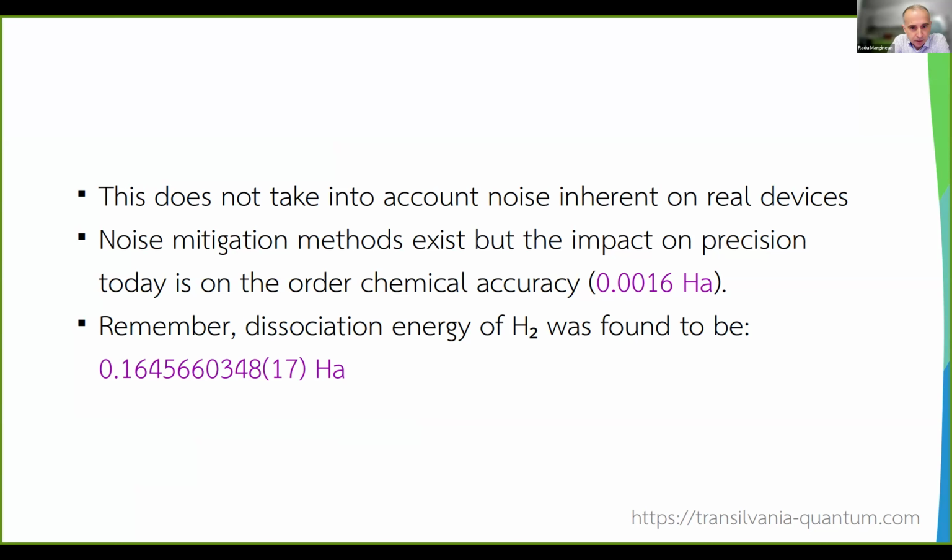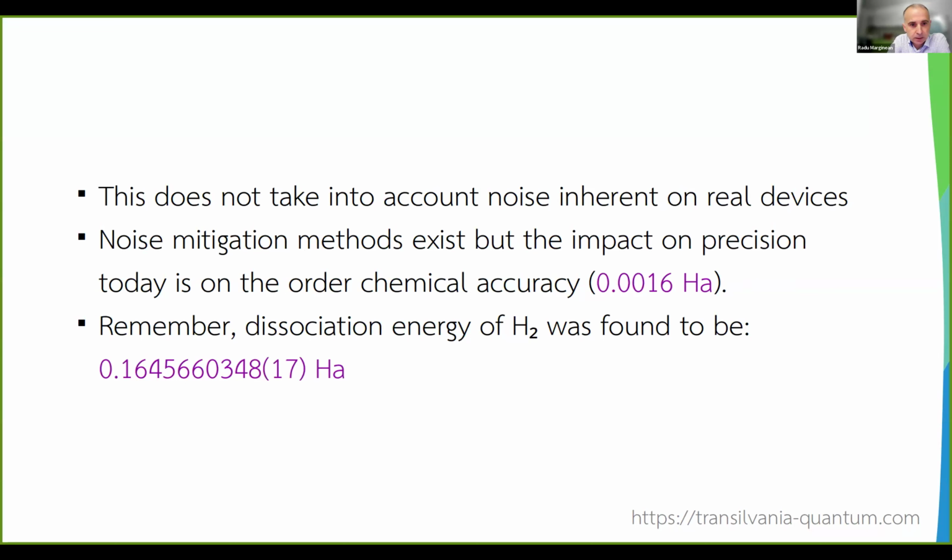So just to remember, it's about 0.0016 Hartree, which is the chemical accuracy, and this is similar to the impact of the noise for the VQE calculation on the hydrogen molecule. But the experimental dissociation energy I showed you is far more precise, and actually a very careful quantum mechanical calculation of this value can reproduce the experimental result very well within the experimental limits.